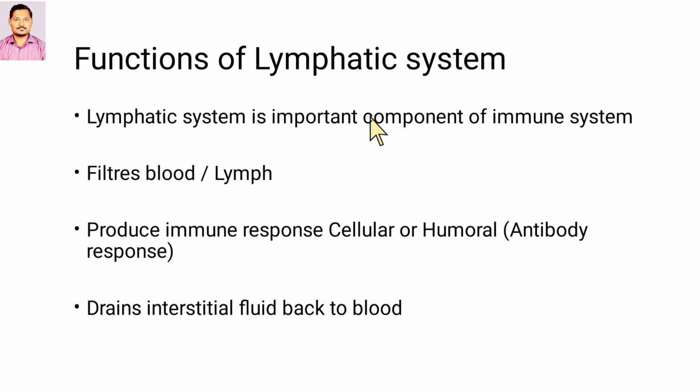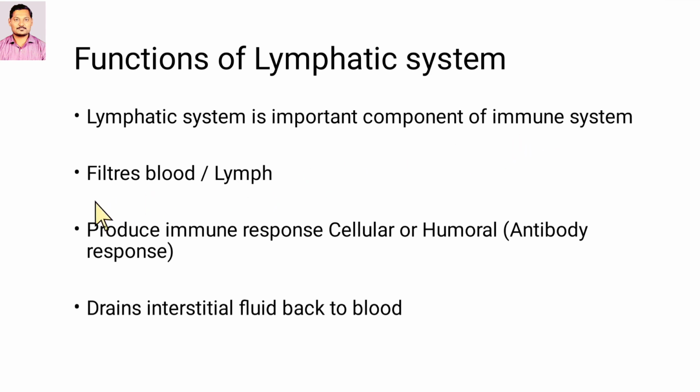What is exactly the function of the lymphatic system in general? It's an important component of the immune system, and yes, this is the most significant part. This is the defense of the body. And what more important thing do you want in the body other than the defense?